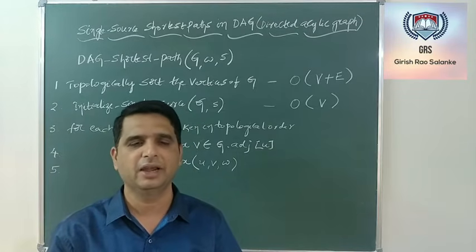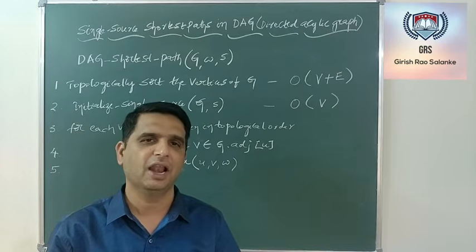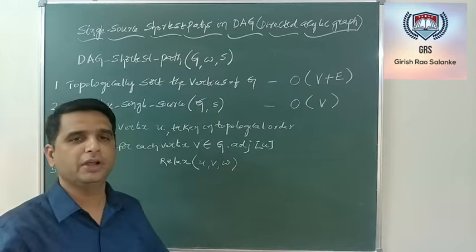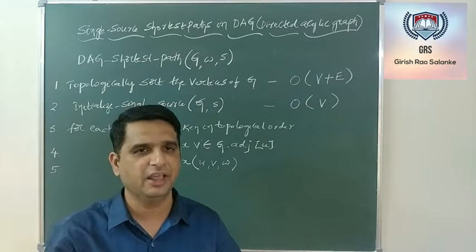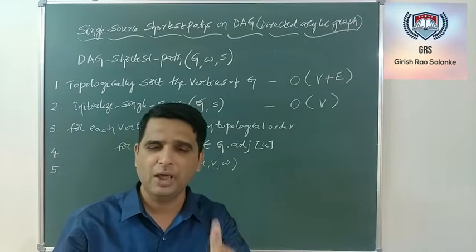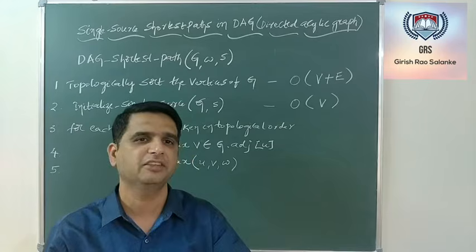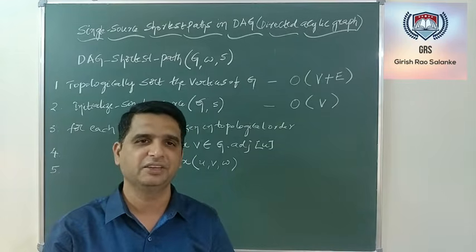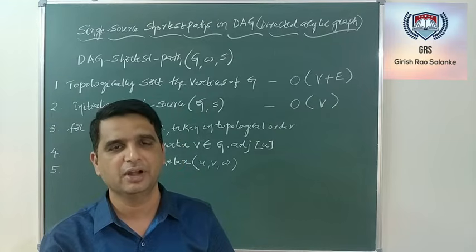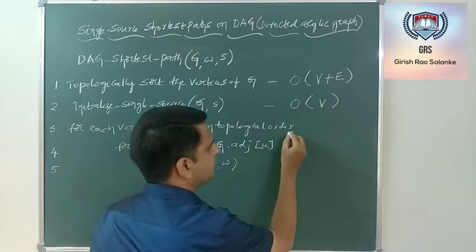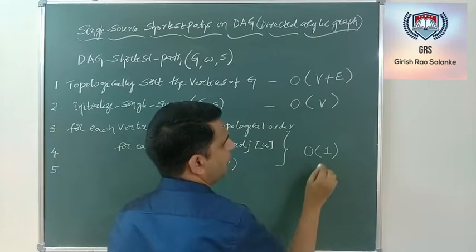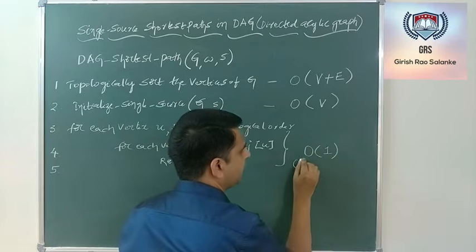It is one of the methods to understand the amortized analysis. Here the third step, fourth step and fifth step, even though it looks like the relaxation takes more time, only one relaxation in the entire procedure takes more time. But the average of all those relaxations will take constant time. So let the constant time be denoted with order of 1 or theta of 1. This is by aggregate analysis.